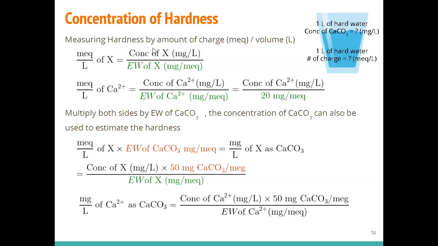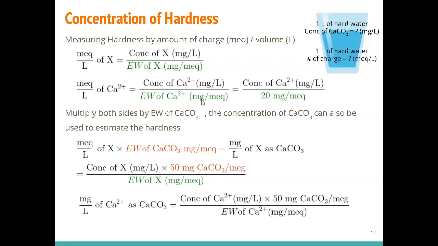So we just use the concentration, something that we can measure, and also something that we can calculate. The green one is what we can calculate, right? Directly from the table. You don't need to do measurement. What you need to do is do measurement for the concentration. Okay. So if you do division here, you will find that it's the same unit as the milli charge per liter, right? If you look at the unit here, the top of this fraction is just concentration, milligram per liter.